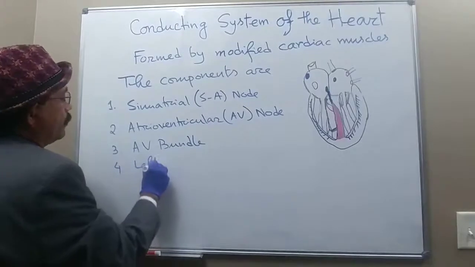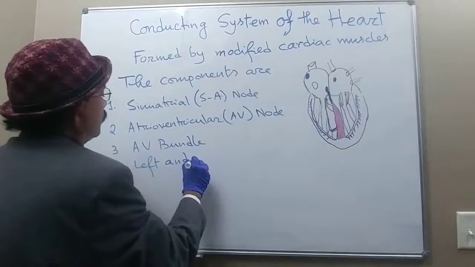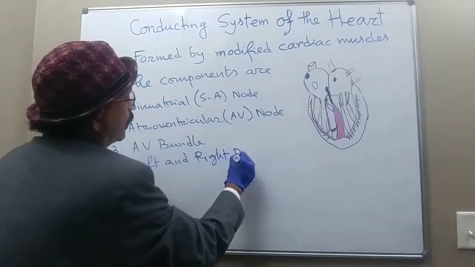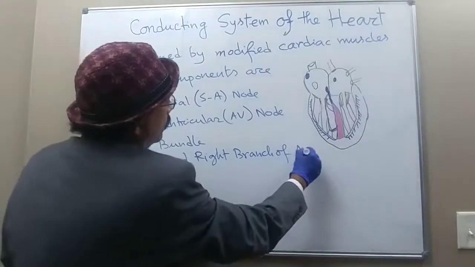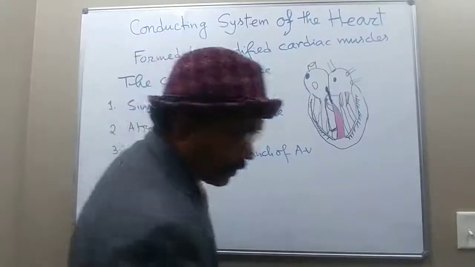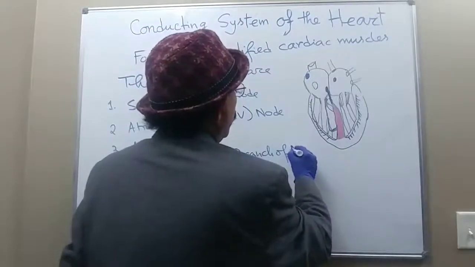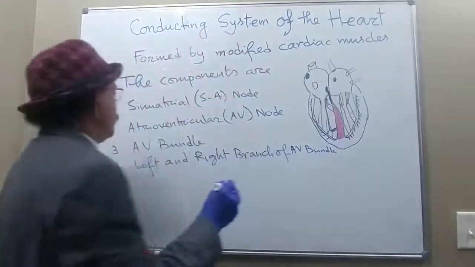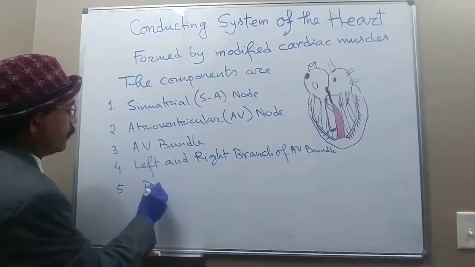left and right branch of the AV bundle. AV means atrioventricular. Then we have the Purkinje fibers.